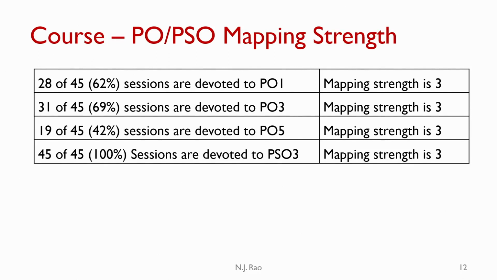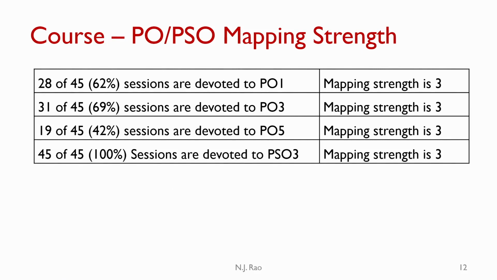If I count all the sessions where PO1 is mentioned, it adds up to 28 out of 45, and that is 62%, which is more than 40%. So its mapping strength is 3.